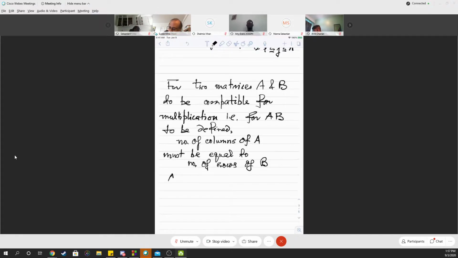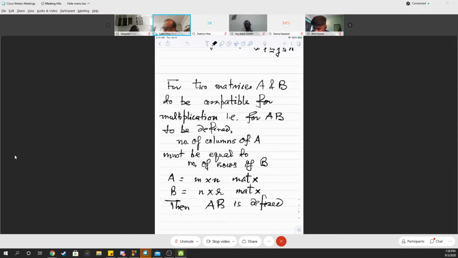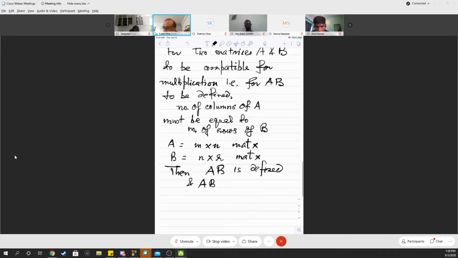If A is an m by n matrix and B has to be n by something, n by say r matrix, then AB is defined, the product is defined. And AB will be what kind of a matrix? What will be the order of the matrix? Here it is. n and n cancel out, it is of order m by r.